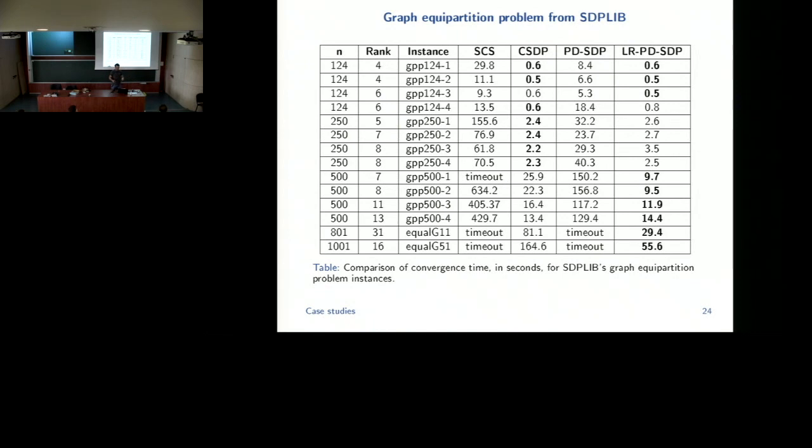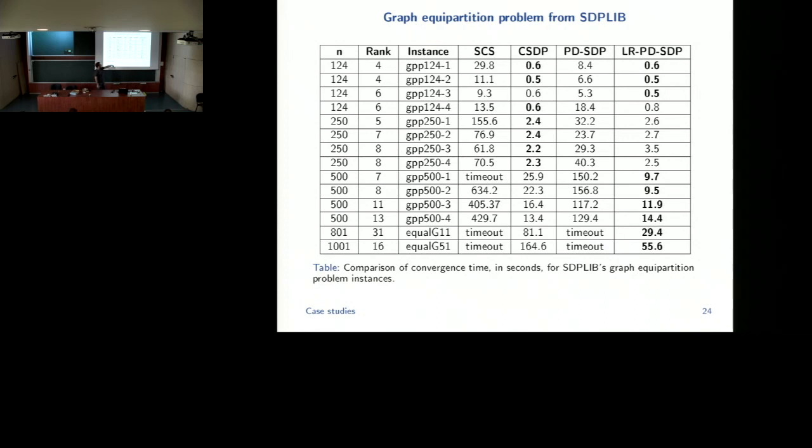Just to not stay with only one problem, there is this graph equipartition problem from SDP-lib. So we solved again with SCS, CSDP, but now I just added an extra column where I'm solving with ProxSDP without the low rank structure. I'm always doing full matrix decomposition.